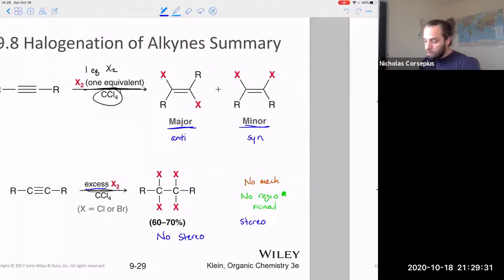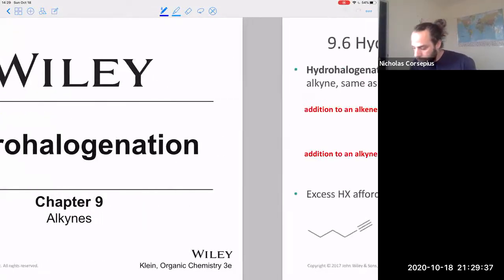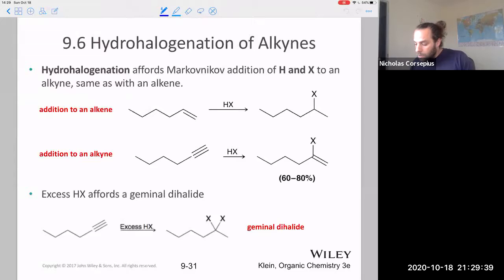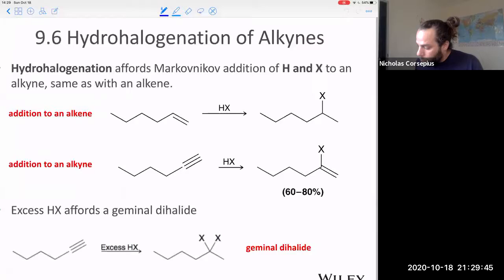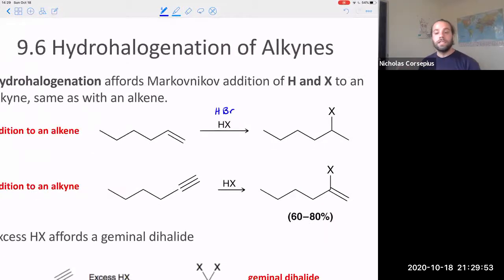Okay, so now let's go on to hydrohalogenation. So again, this would be adding something like HBr. As we saw with our alkenes, if we had an alkene and, for example, hydrobromic acid, we saw that it was a Markovnikov addition, meaning that the halogen went on the more highly substituted carbon.